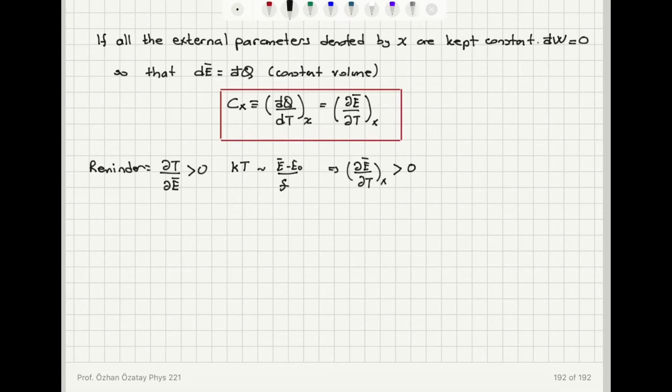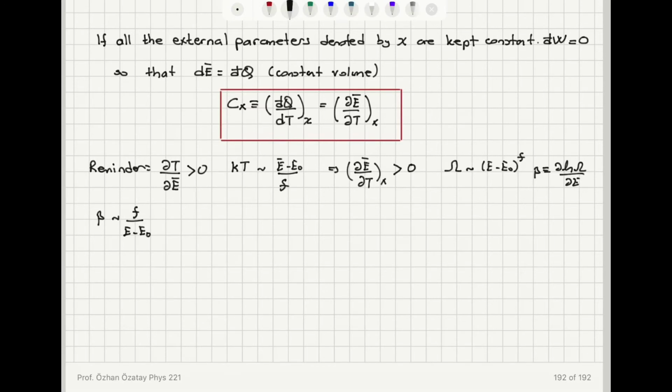So this came from the fact that we have the number of accessible states varying as (E − E0) to the power of the number of degrees of freedom, and we have β, which is ∂ln Ω/∂E, varying as f over (E − E0).